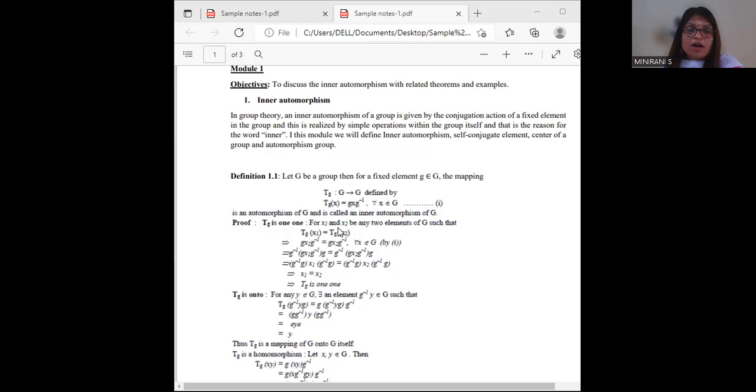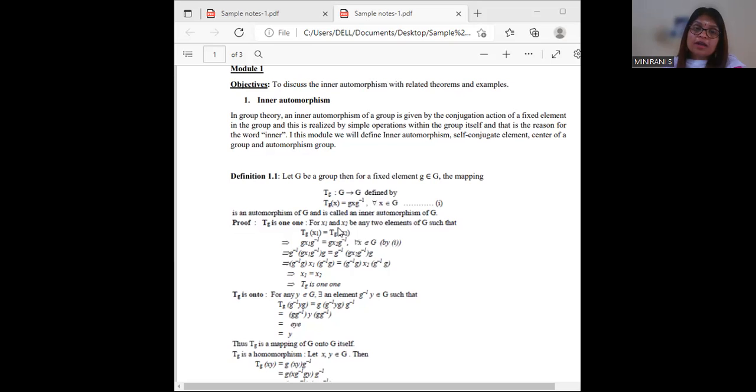That means the given function is one-one and onto, that is, a bijective map. And also you have to prove that it is a homomorphism. So a one-one onto map which is a homomorphism on a group is called an automorphism.